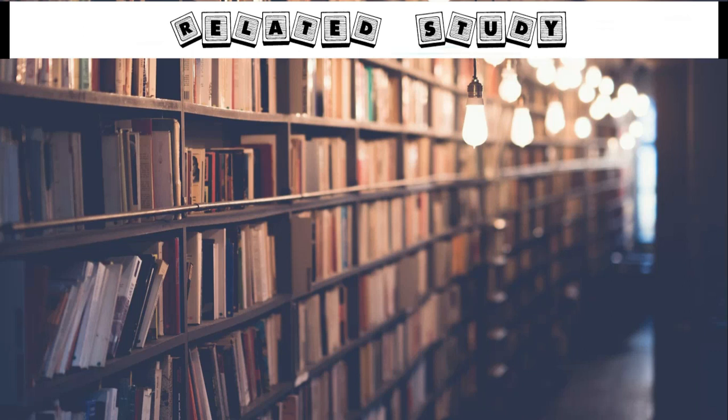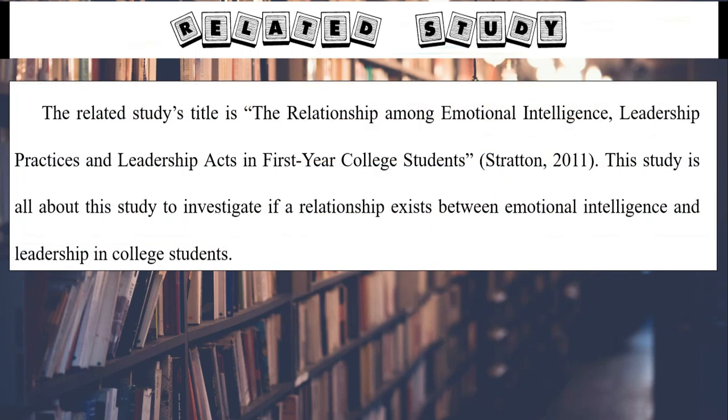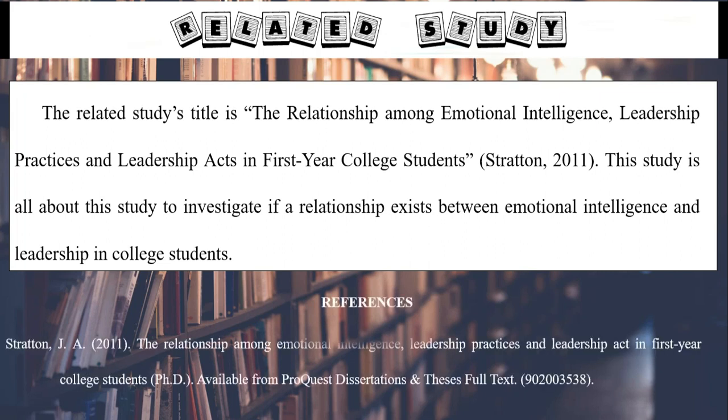Thank you. To further discuss our results and interpretation of data, our analysis supports the study entitled The Relationship Among Emotional Intelligence, Leadership Practices, and Leadership Activities in First Year College Students, 2011. This study aims to investigate if a relationship exists between emotional intelligence and leadership in college students.